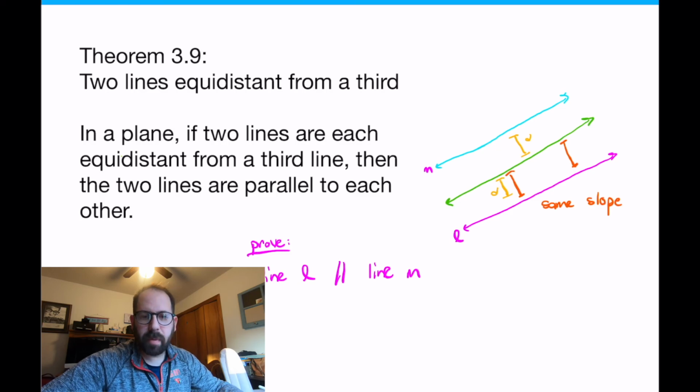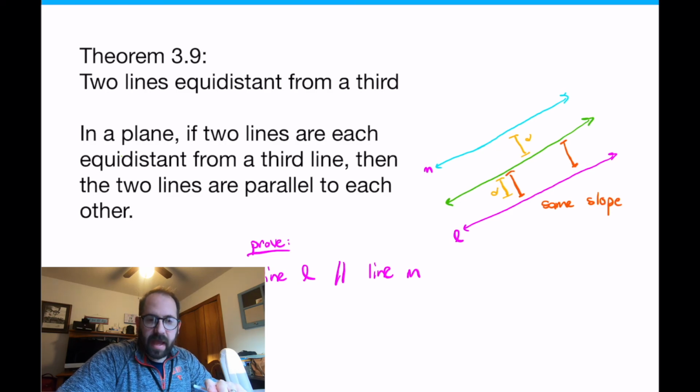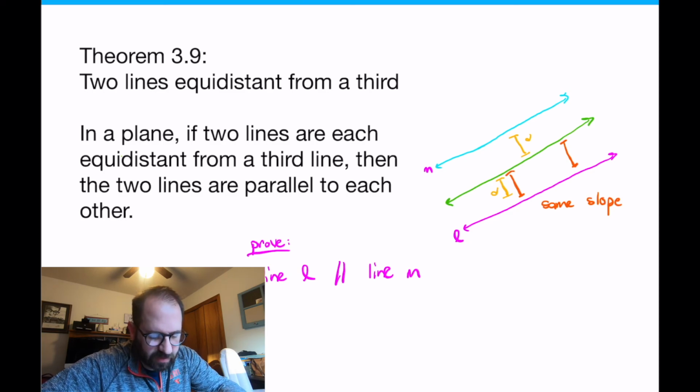The definition of parallel means lines that do not intersect, in the same plane. In Algebra 1, they talk about how they have the same slope. That was a property from Algebra 1 class. These lines that are equidistant, where this distance is uniform throughout the entire line, mean that the two lines have the same slope.